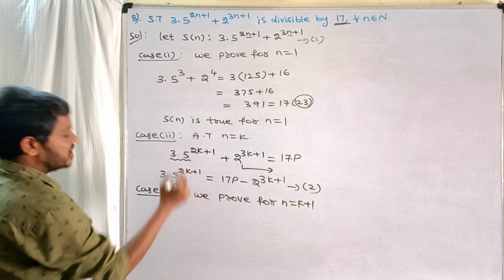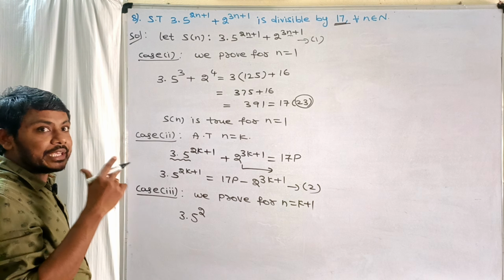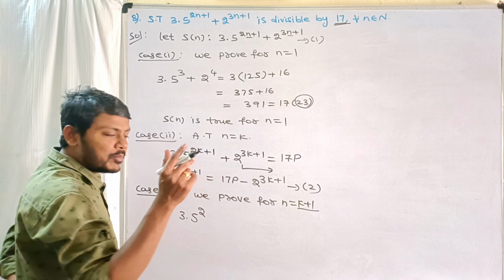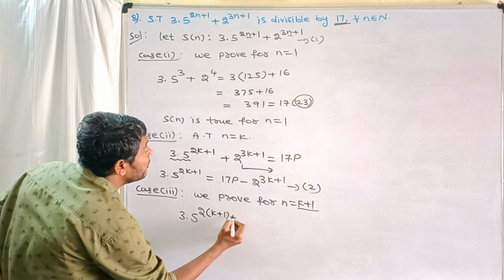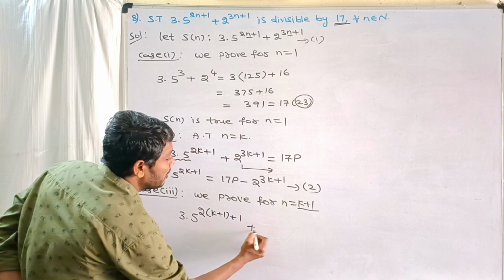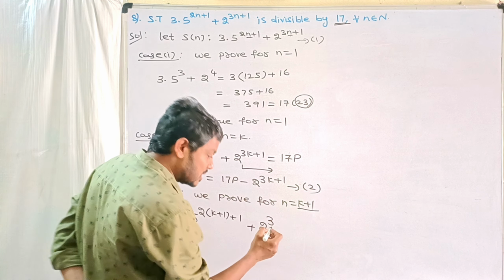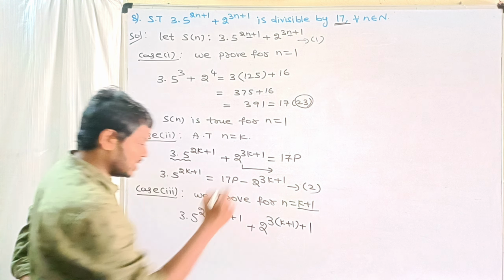So clearly what is equation 1? 3 into 5 power 2n. What is n? k plus 1. So we should mention the bracket for k plus 1 plus 1. Next, plus 2 power 3n. Again n is what? k plus 1. That is 3 of k plus 1 plus 1.